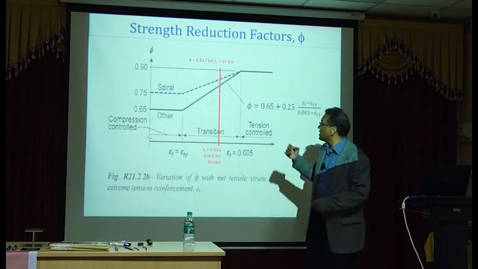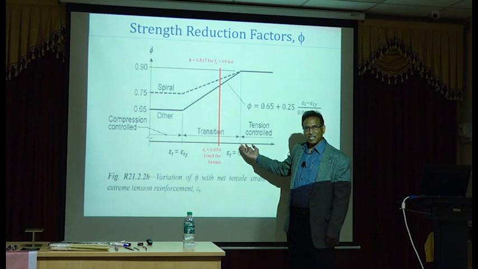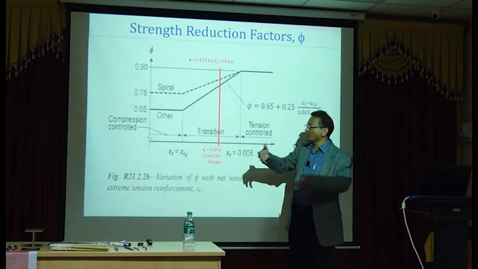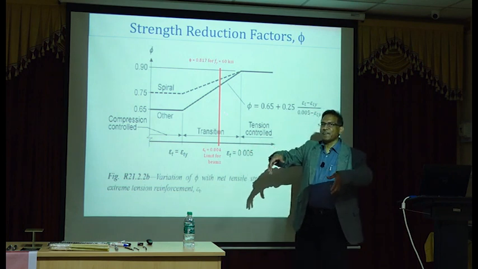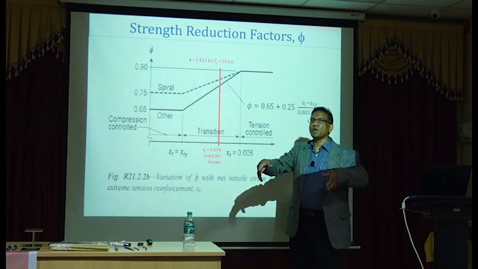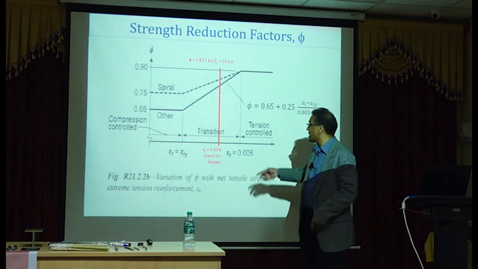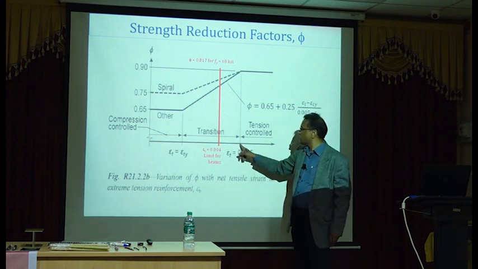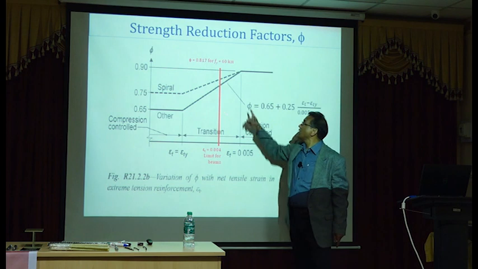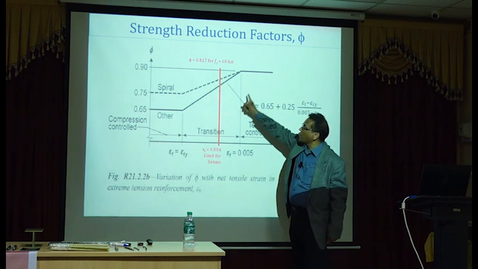And why are we able to utilize larger strength? Because of the ductility. Because the beam is able to deflect significantly while maintaining the load carrying capacity. That's the reason if my epsilon t is 0.005 or greater, I can use a larger phi factor of 0.9.